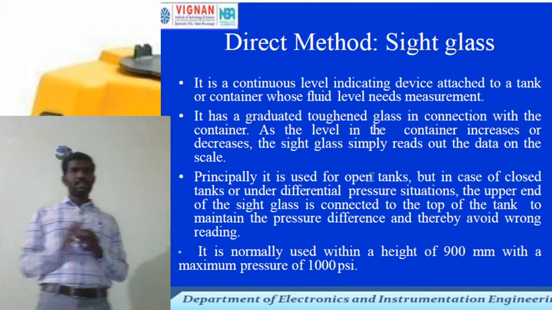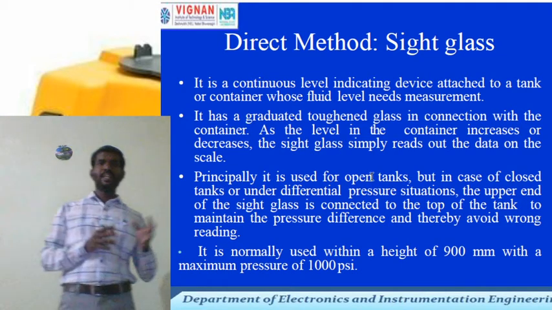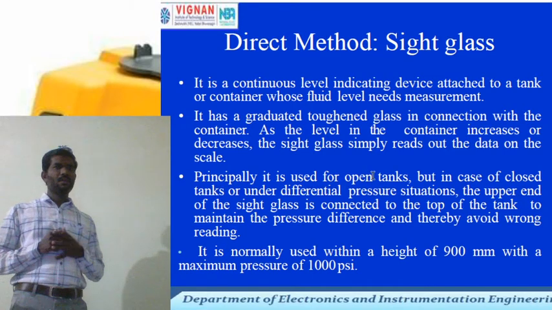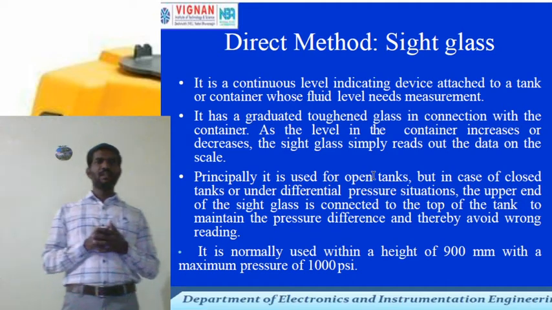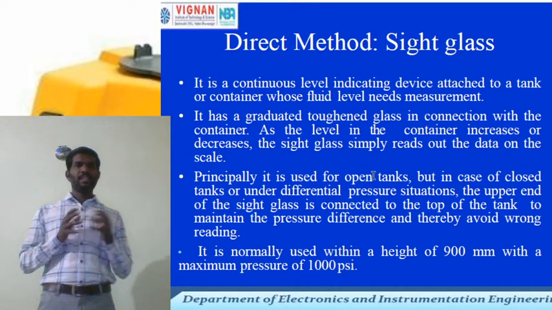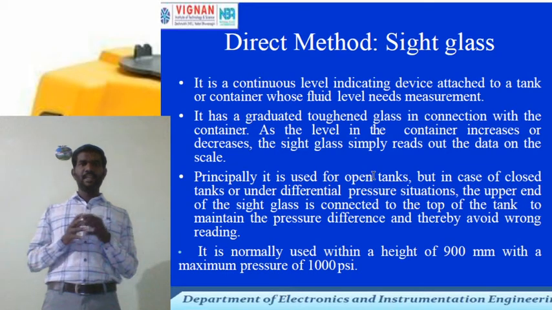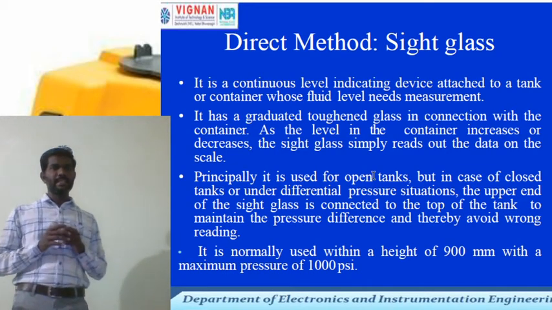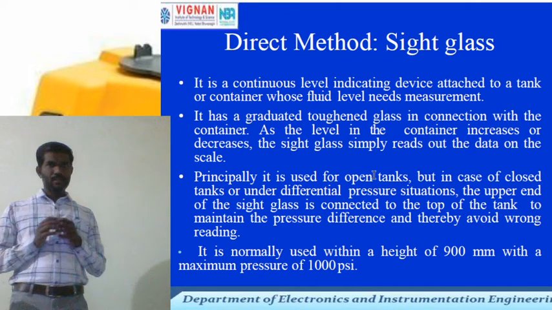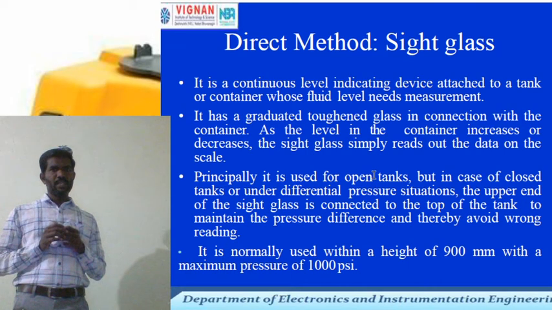Then the side glass type. It is a continuous level indicating device attached to the tank or container whose fluid level needs to be measured. It has a glass tube in connection with the container. As the level in the container increases or decreases, the side glass simply reads out the data on the scale.